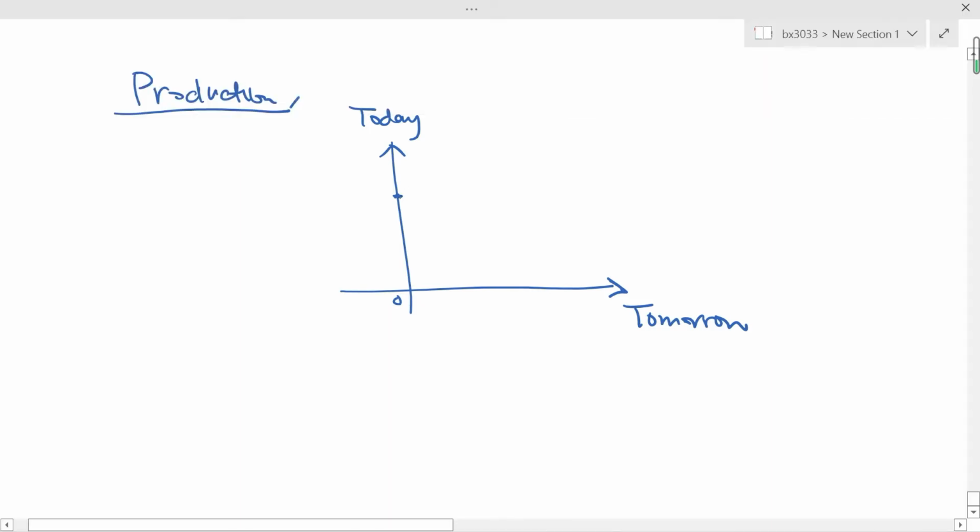Then I can cut the production of today by, say, 1 unit. I release some resources which I can use for production for tomorrow. Suppose I can produce this many. Let's call this point A, point B.